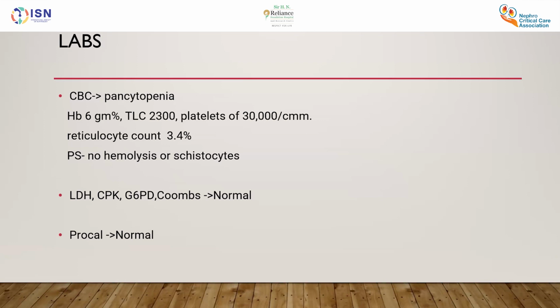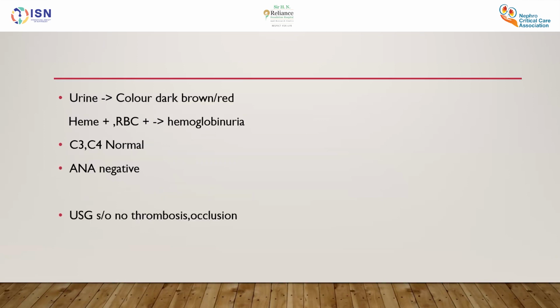Next slide, please. Then you have hemoglobinuria with normal complements, ANA normal, and there is no thrombosis or occlusion in the USG. So what could be your diagnosis?